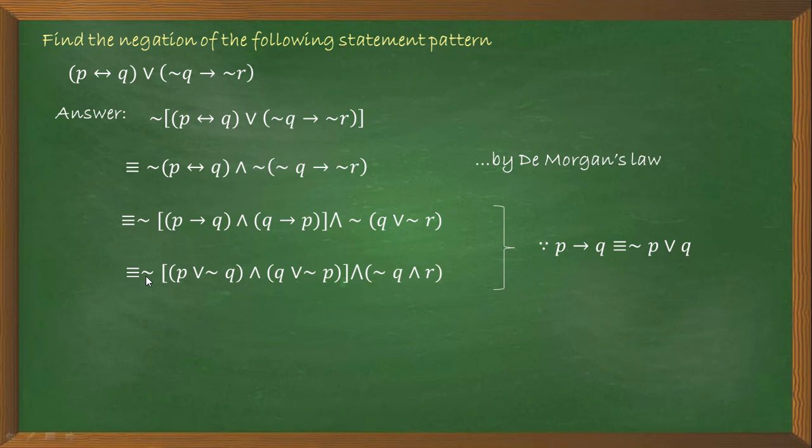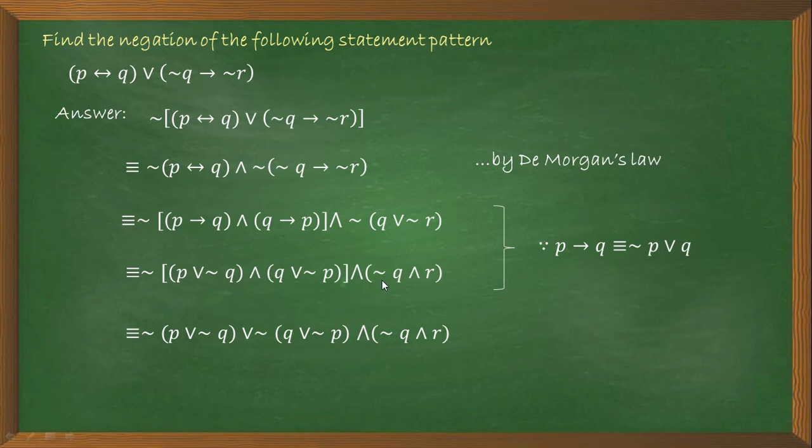Now see here, the negation of this square bracket. We have to find the negation of this square bracket. Again here De Morgan's law is applicable. So by that law, this can be written as negation of P or negation Q, and AND becomes OR, negation of Q or negation P. So De Morgan's law is applied on the square bracket here, and we get this.